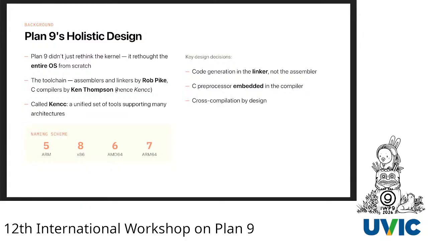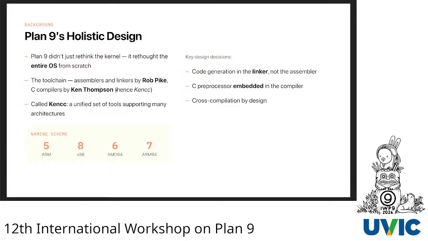A few design decisions that they took: usually the code generation is mostly in the assembler, and then the linker just patches things together. Actually in Plan 9, the code generation is not done by the assembler at all. All the code generation is done by the linker. And this change of responsibility, I actually think, is a good idea. It simplifies the code.